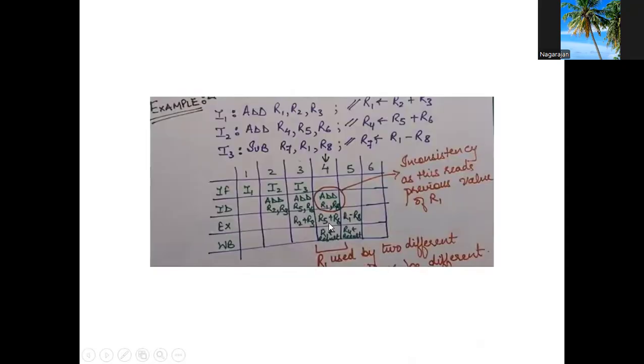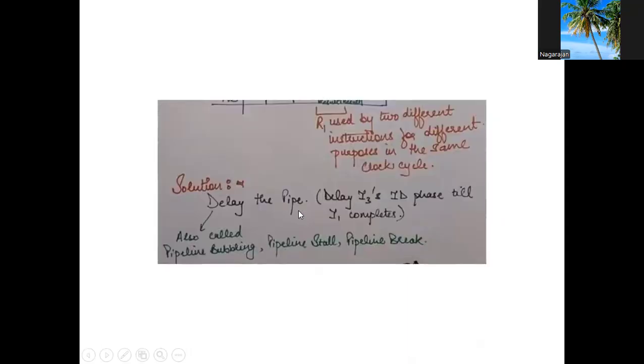Once we delay the pipe, the first instruction will be executed properly and the result will be saved in R1 successfully. This delaying of the pipe has other names: bubbling, pipeline stall, or pipeline break.